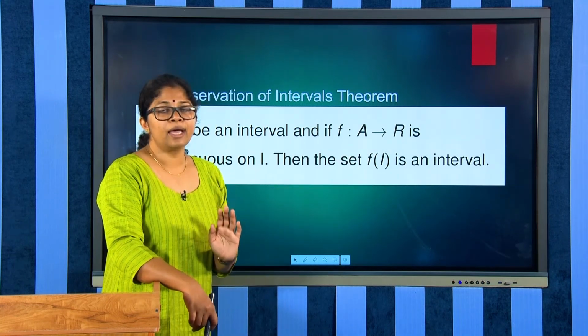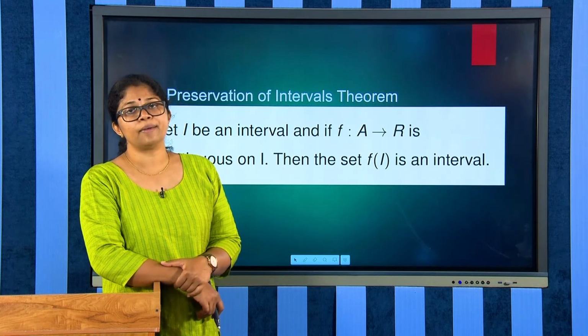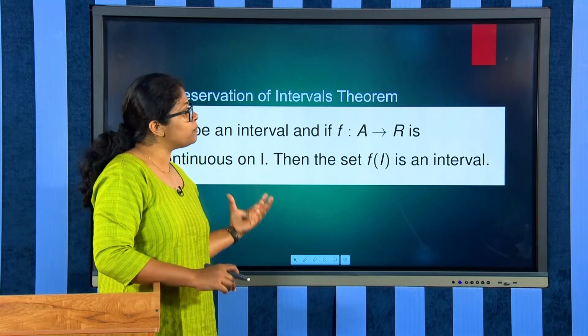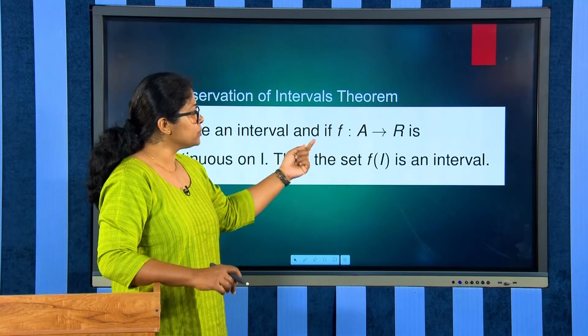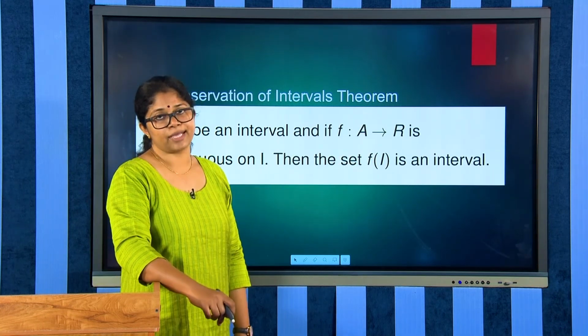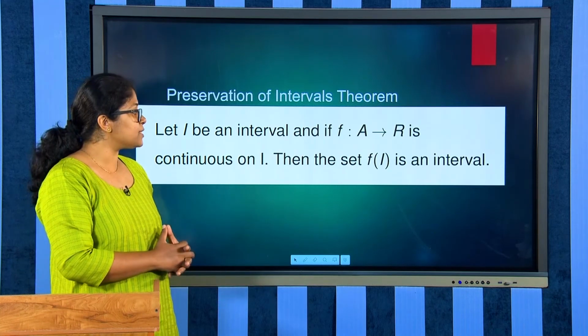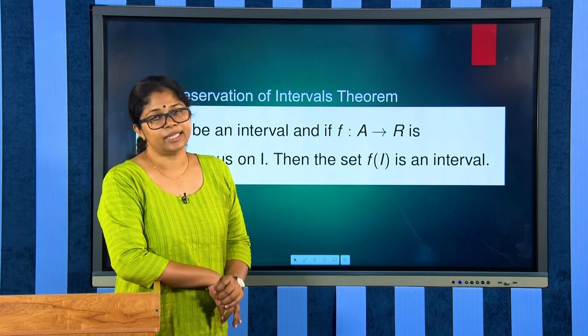Again, the proof follows from the characterization of intervals theorem. Any value between the points can be swept inside f of I because of the intermediate value theorem as well. So the proof follows from the characterization of intervals theorem as well as Bolzano's intermediate value theorem.